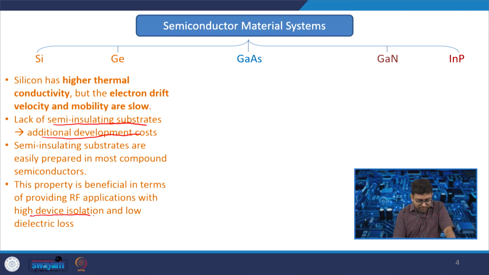Because we have multiple frequency components, as we have seen in the last class in the architecture, if this is a mixer, it has three frequencies involved: one is the RF, then there is the LO, and there is the IF. If there is not enough isolation between these three frequencies, then it is difficult to make a high performance RF. So, that is what is related to silicon and germanium.